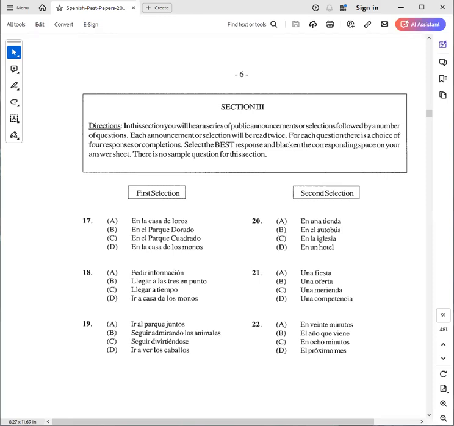Selection 1. Damas y caballeros, nos gustaría informarles de la exhibición que tendrá lugar hoy a las 2:30 en el Parque Dorado, al lado de la Casa de los Monos. Por favor, vengan temprano, diviértanse y después podrán continuar mirando los animales.